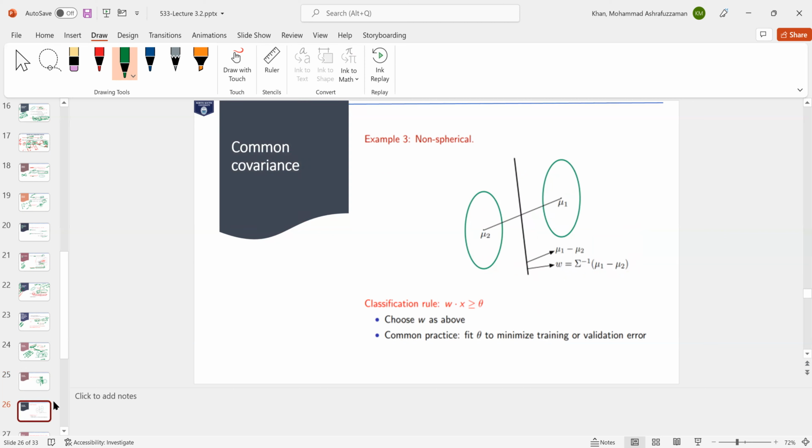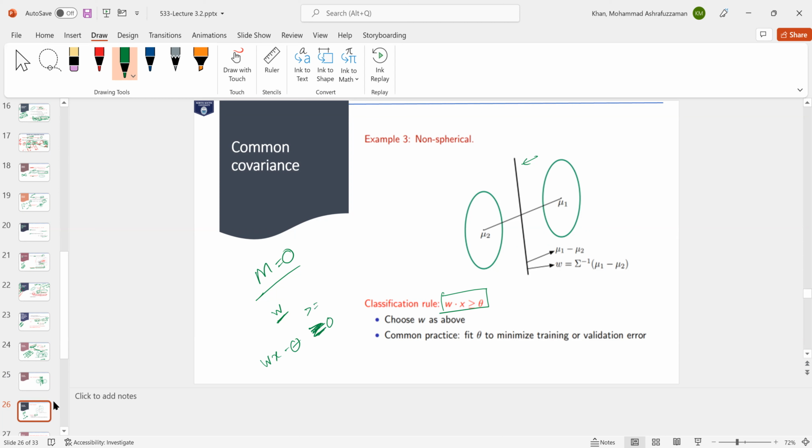Now suppose they are non-spherical. That means they have different variance, but still they are independent. Because they are independent, again the m will be 0. That means the decision boundary will only depend on w, which is linear, which will basically give us an equation like this: wx minus theta is greater than or equal to 0.